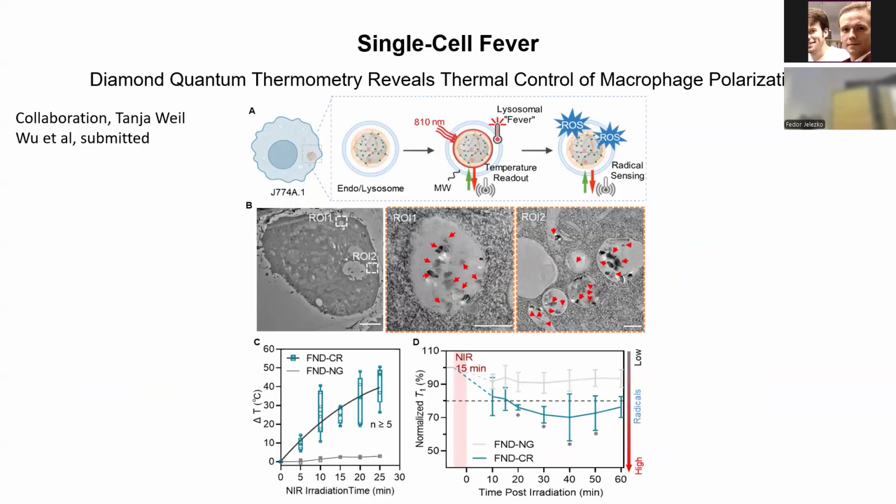You can also do more than this. You can correlate measurements of temperature with measurements of radical concentration, which often also trigger the chemical reaction.